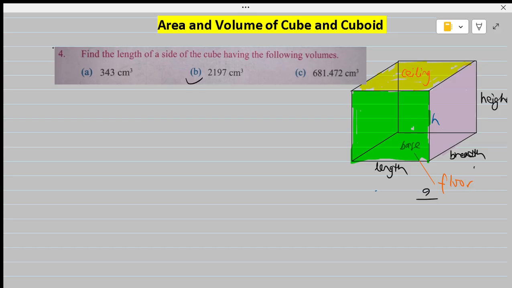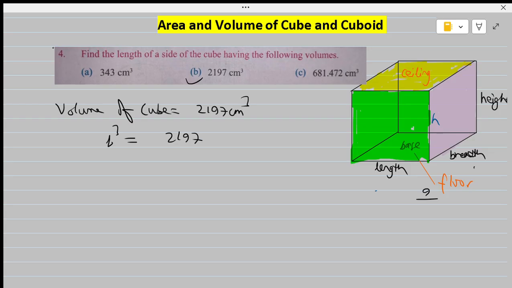So the volume of the cube is provided here, and you are asked to find the length of it. So the same rule we'll use here. Volume of cube that we are given here is 2197 centimeter cube, and we have to find its length. So the formula for volume of cube is L cube, which we equate to 2197.